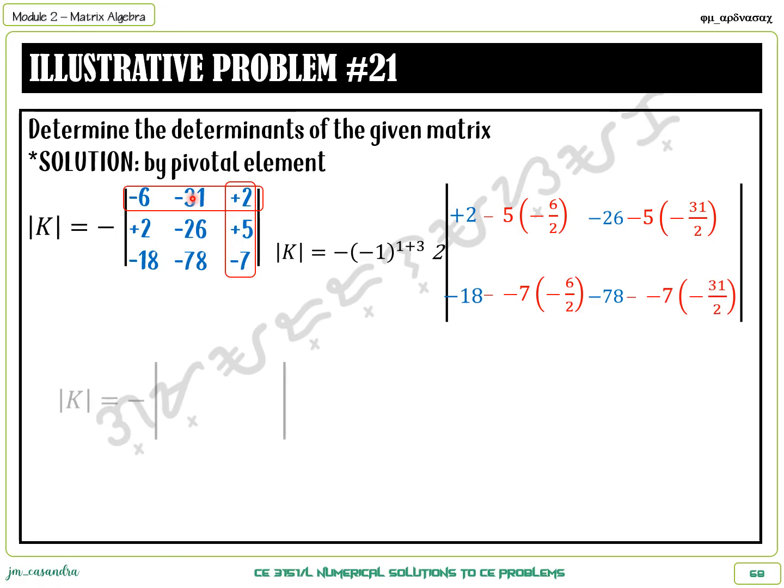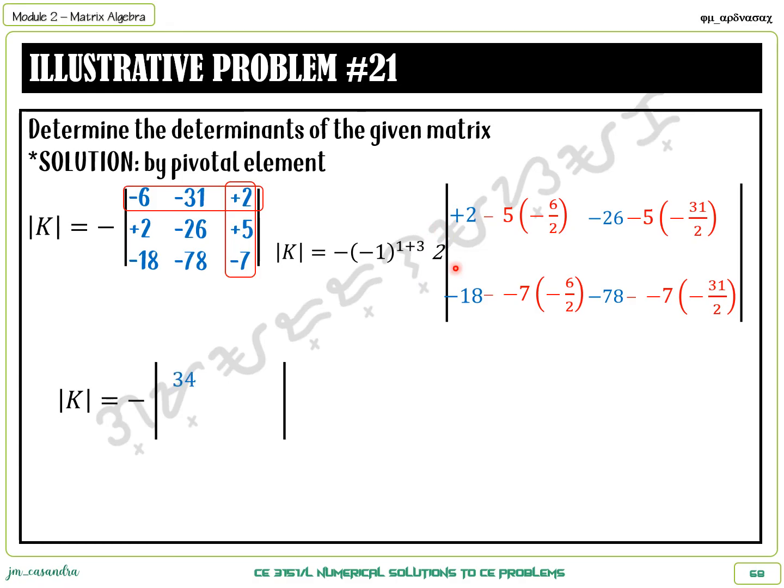So let's simplify. Negative 1 raised to 4 is positive, multiplied to negative, so it's still negative. So simplify. 2 minus the quantity 5 times negative 6 divided by 2. When I put it in this matrix, I multiply it by 2, the factored out value.